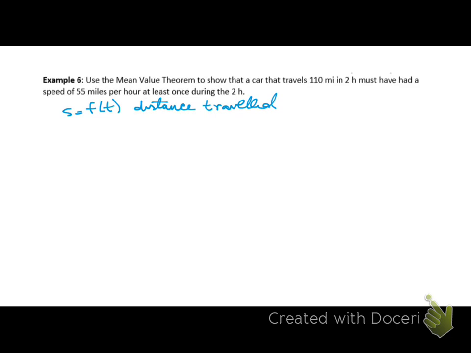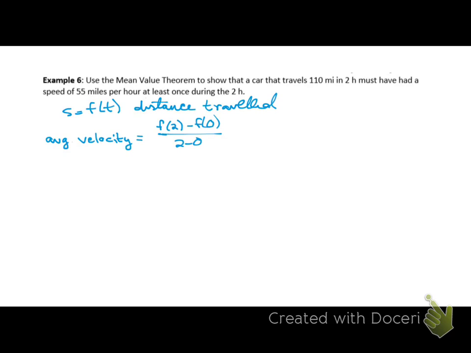Now, I know that the average velocity, which is the same thing as the slope of the secant line for a real life situation, is f of 2 minus f of 0 over 2 minus 0. And that's really all the information that they give me in this problem.